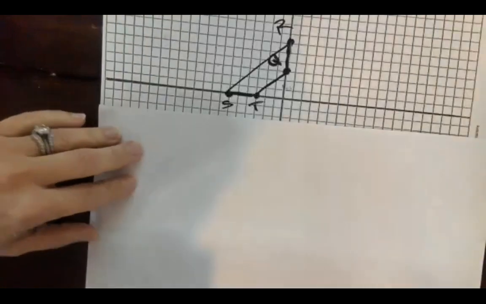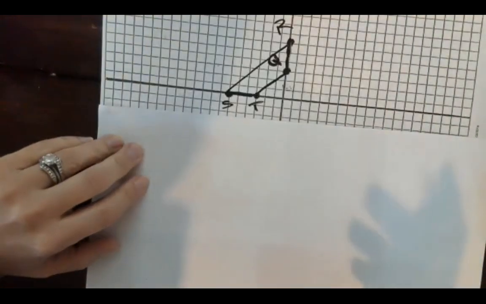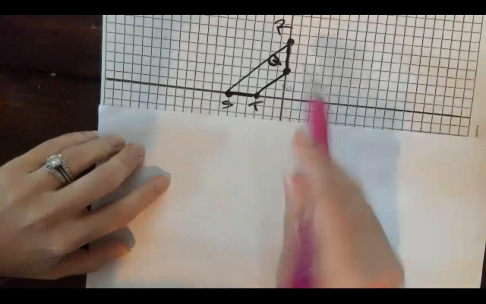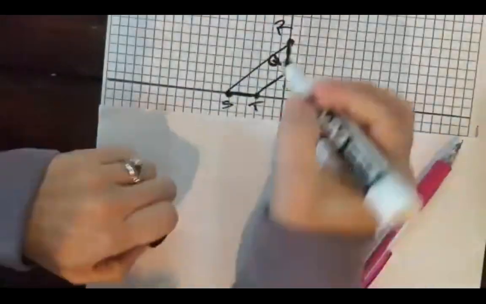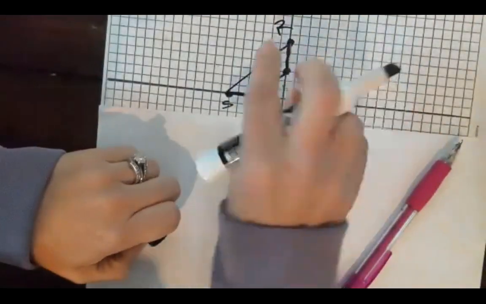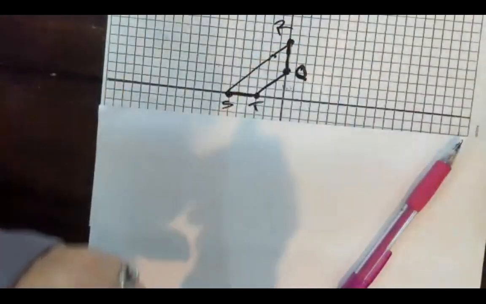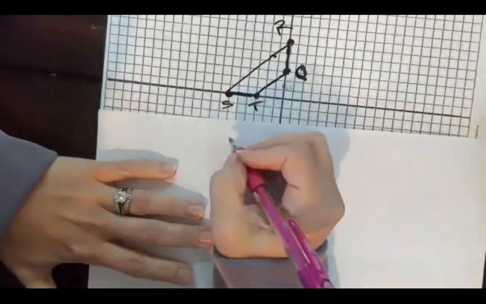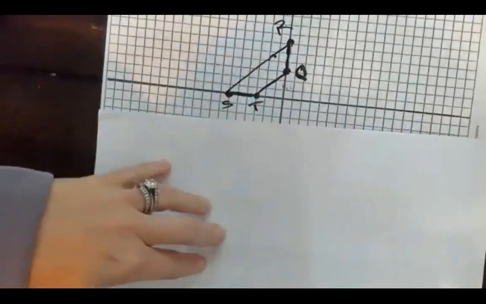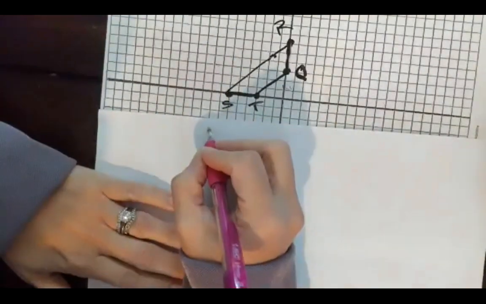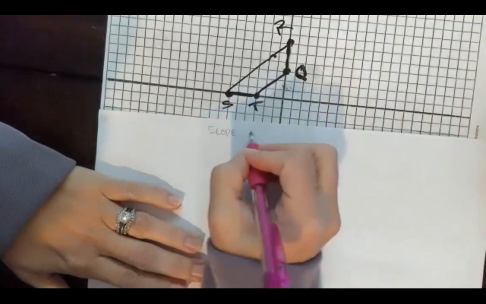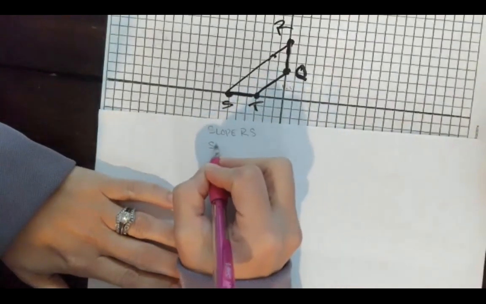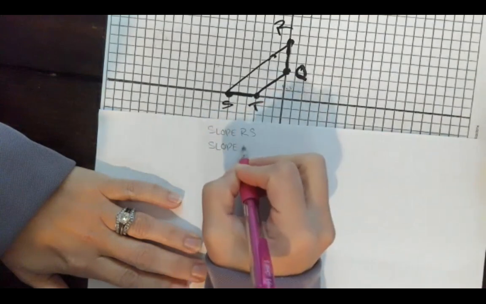So we need to show that QT is parallel to RS. So let's find our slope of each. All right, so slope of RS and slope of TQ.